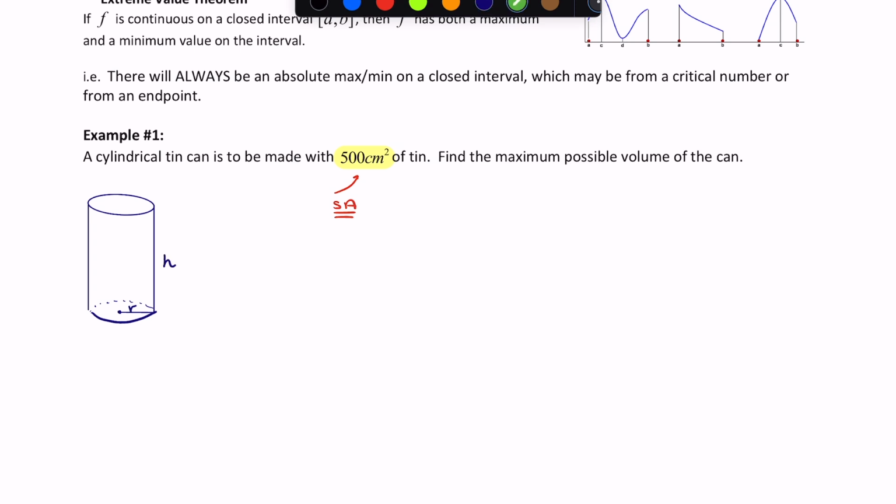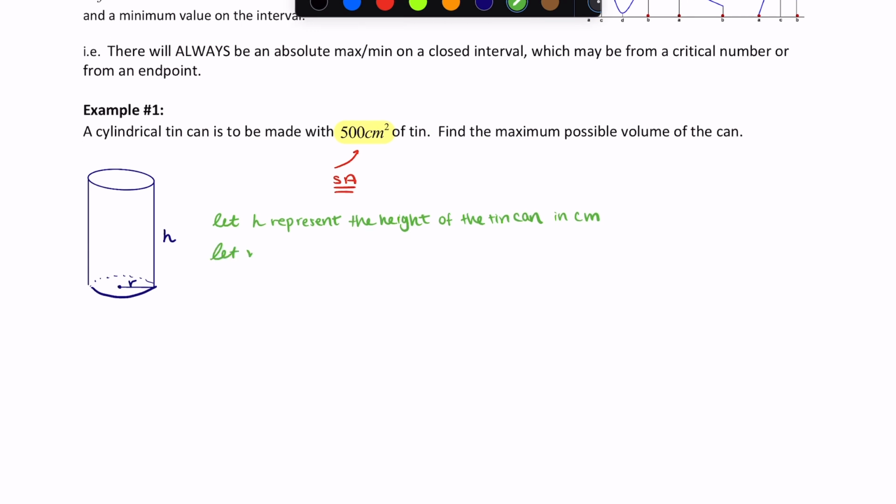So again, the first step that we're going to do is create some let statements. We're going to let h represent the height of the tin can, and this is going to be in centimeters.